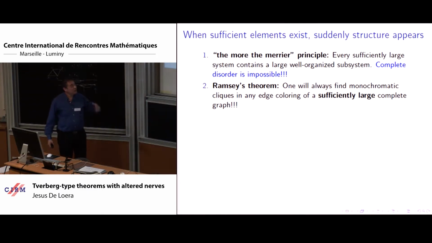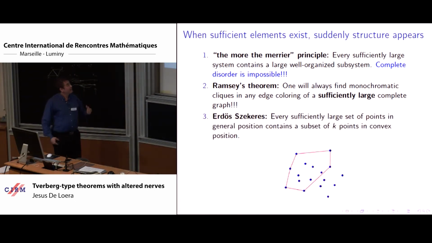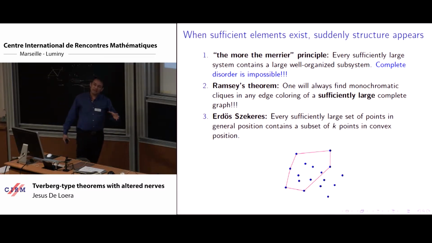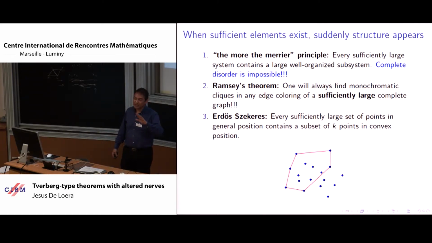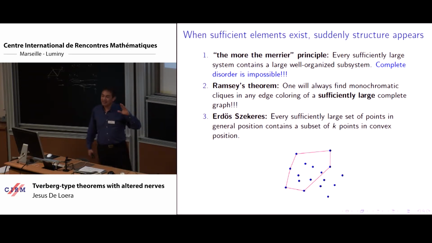When you have a sufficiently large complete graph and you color it, suddenly there are monochromatic cliques.